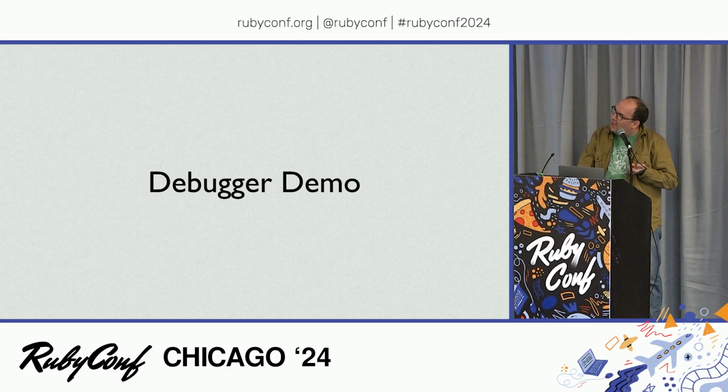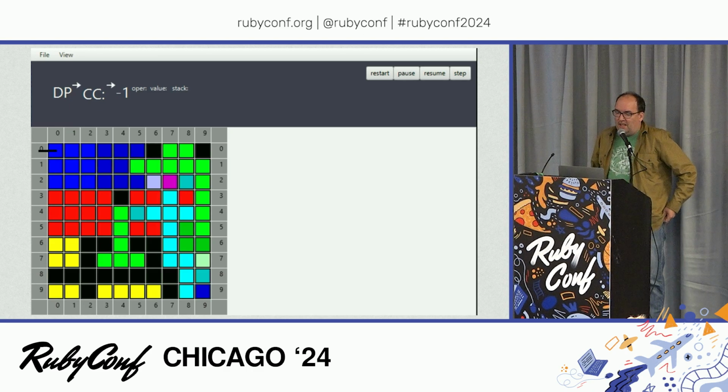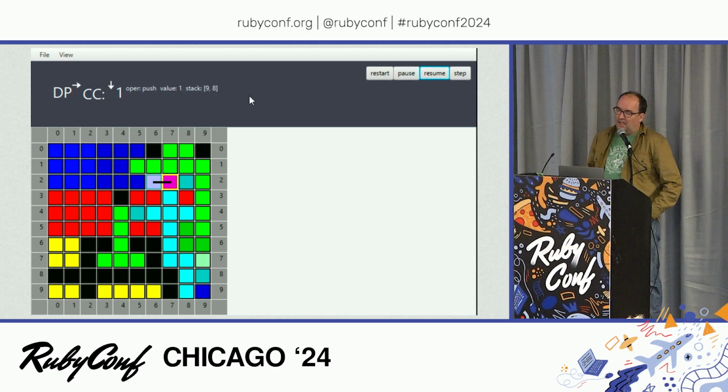Okay, so I made a graphical debugger, so let's take a look at that. All right, so I'm going to start by hitting step, oh wait, I gotta start it though. All right. So I hit step once, I hit step again. Now I'm gonna set a breakpoint, then I'll resume. That gets there pretty quickly. Then I look at the stack, yeah, that's what I expected.